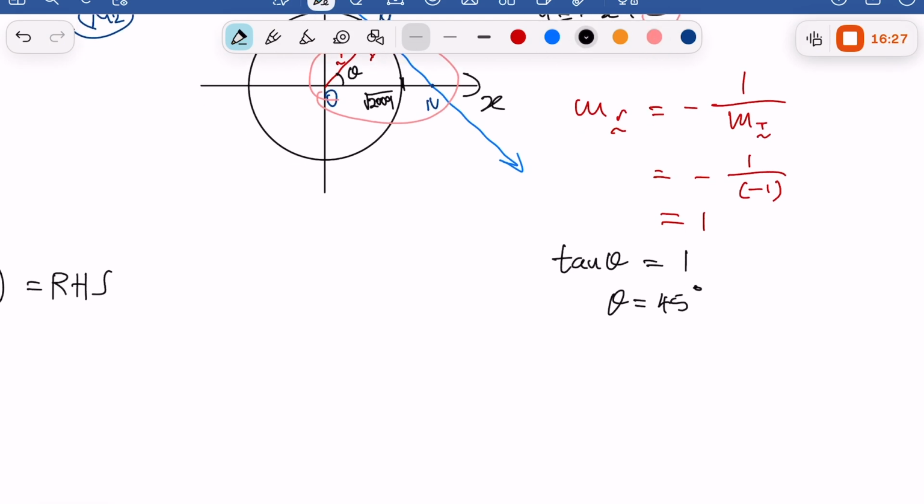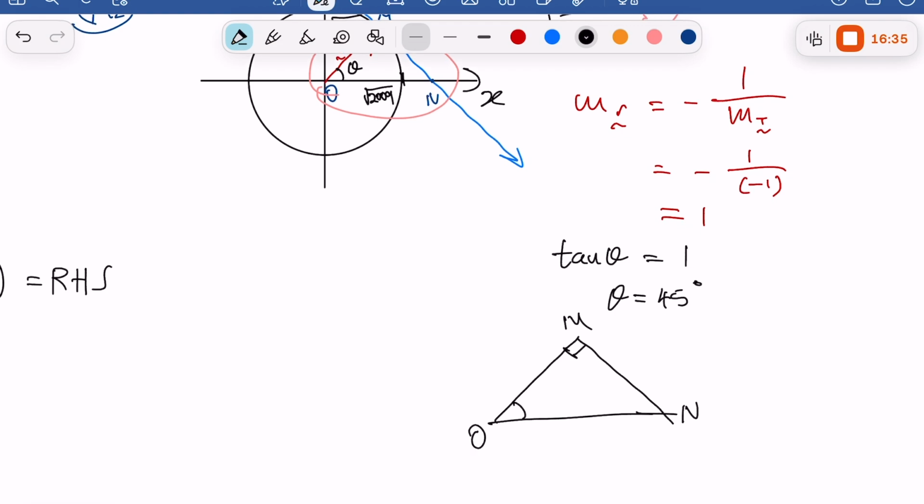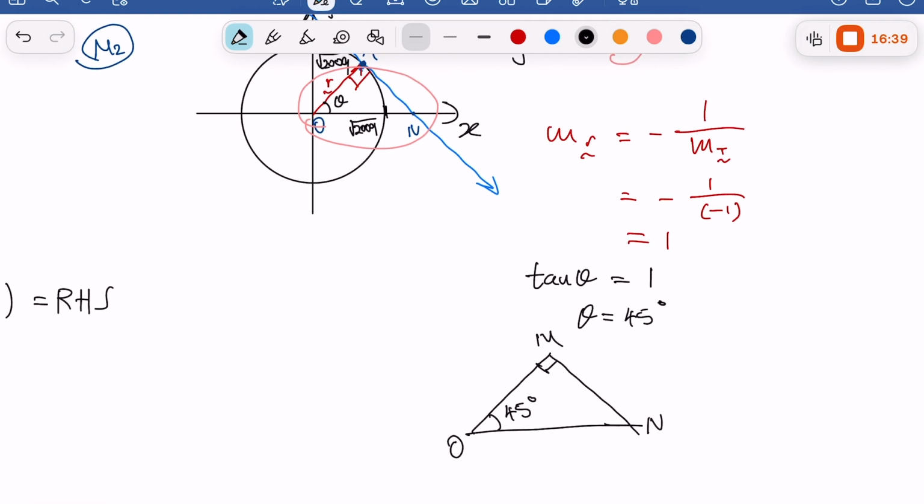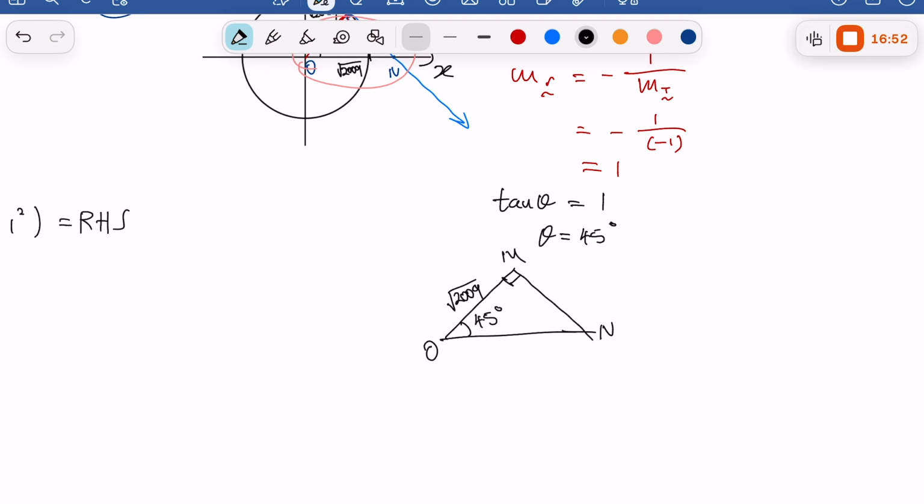If we take it out separately, we get a 90-degree angle here, a 45-degree angle here, and we know the length of r, which is square root 2009, because that's just the length of the radius. And since this is a right angle triangle, we can just find the magnitude of ON using trigonometry.